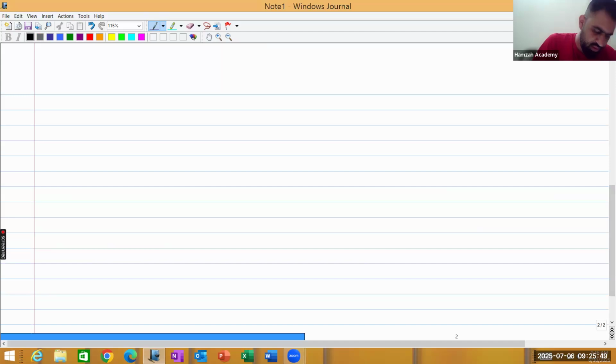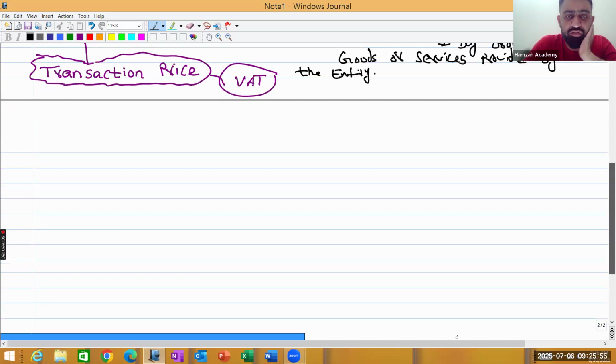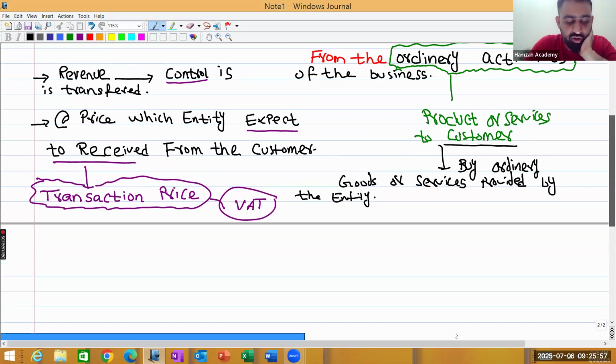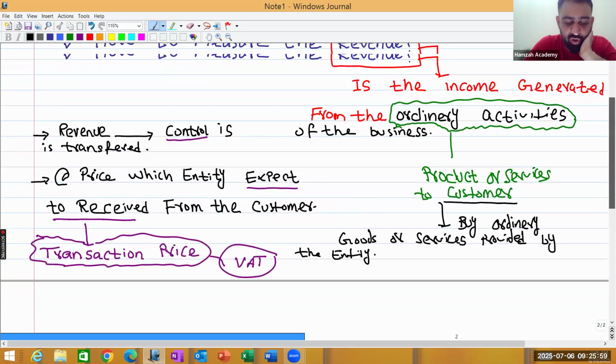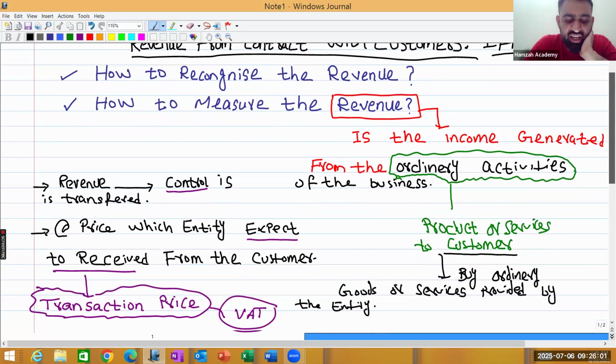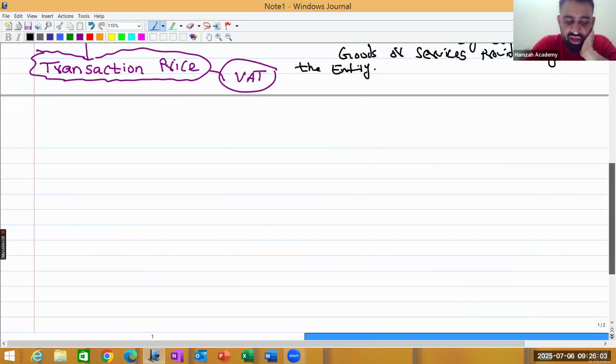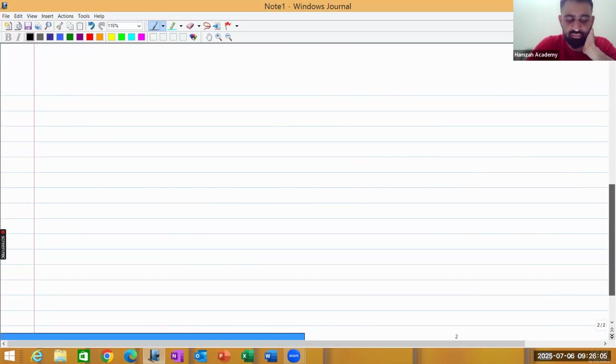Now, in IFRS 15, we follow a five-step model to recognize and measure the revenue.